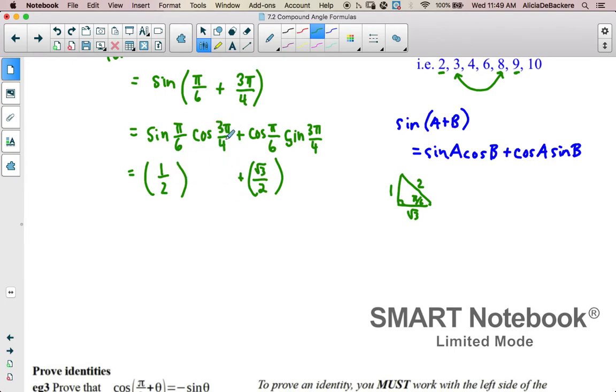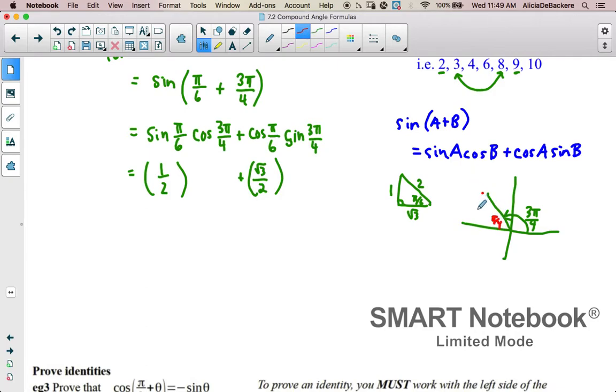Now I need to figure out what is cos of 3 pi by 4 and sine of 3 pi by 4. So this is not an acute angle. So I'm going to draw my quadrants, and I know that 3 pi by 4 is over here in quadrant 2. My related acute angle is pi by 4.